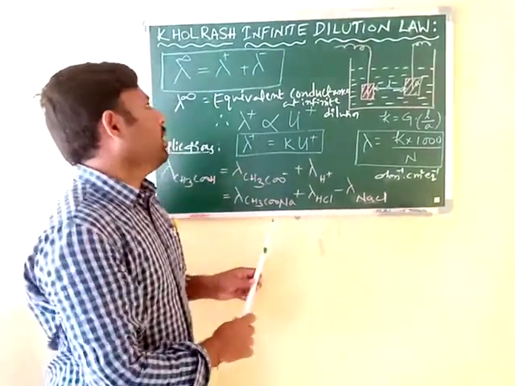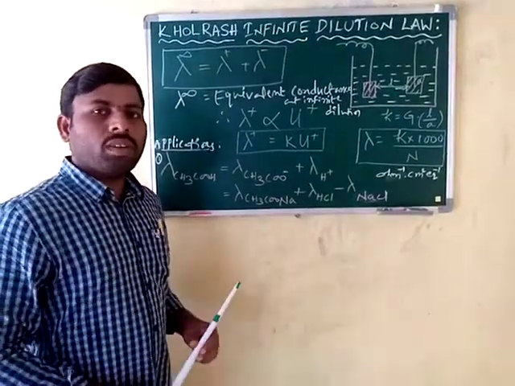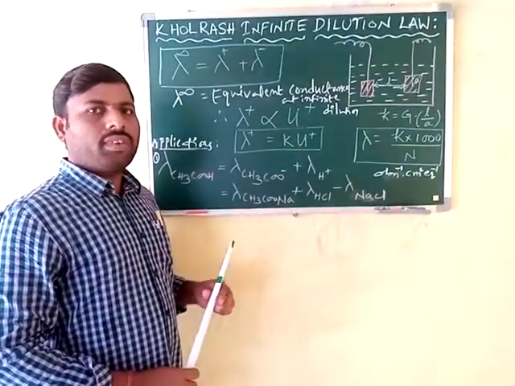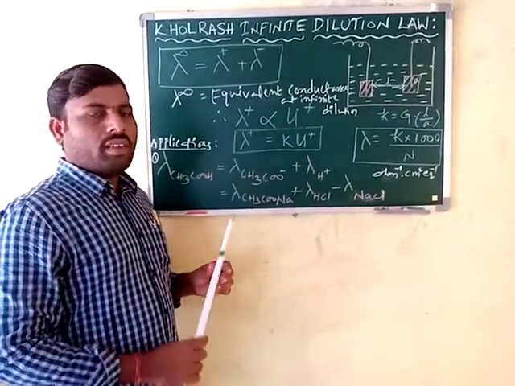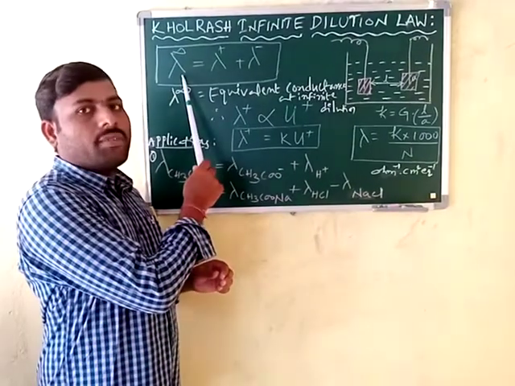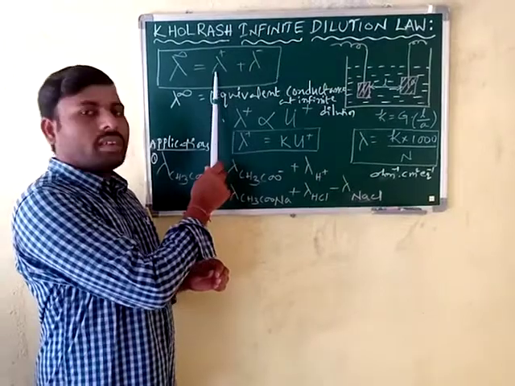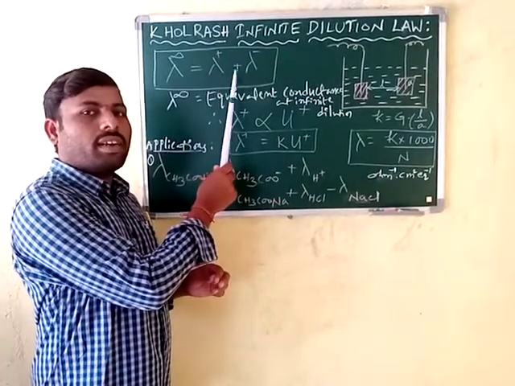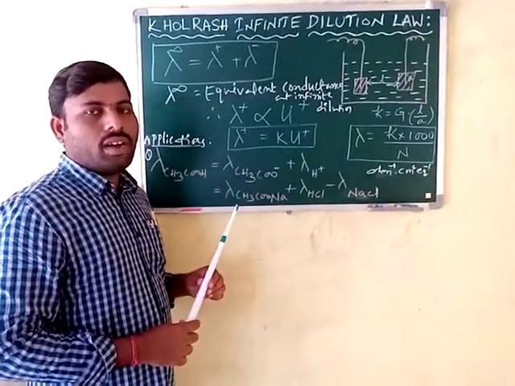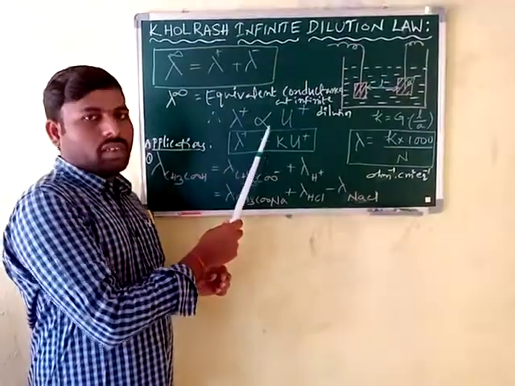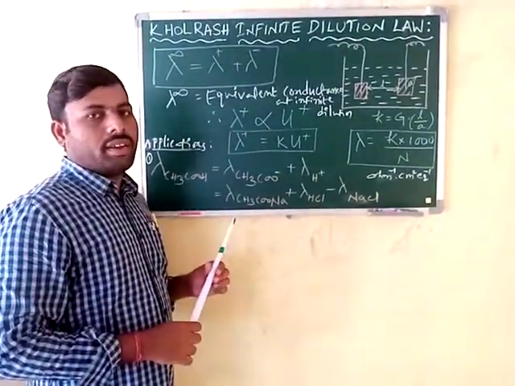Here, what is Kohlrausch law? At infinity dilution, the equivalent conductance of a weak electrolyte is equal to the sum of the equivalent conductance of cation and anion, or their mobilities or velocity of ions.